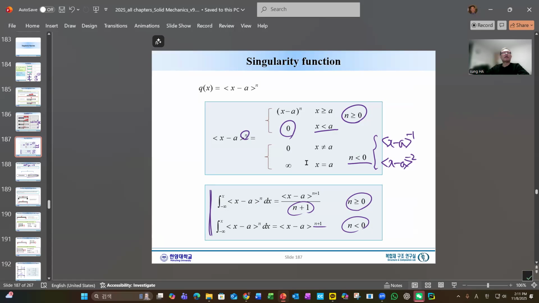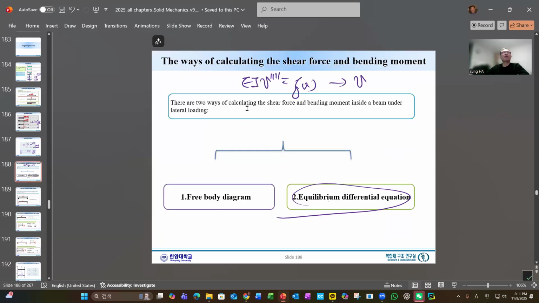Actually, since we have this differential equation, we need to integrate. We need to keep integrating 4 times.